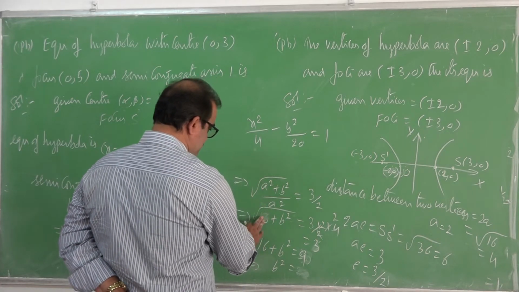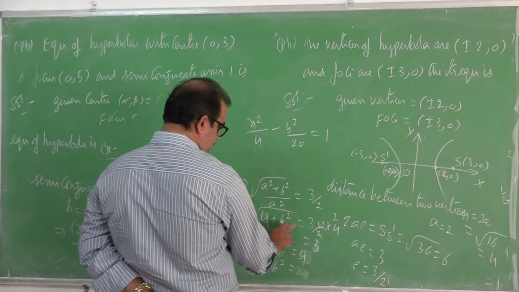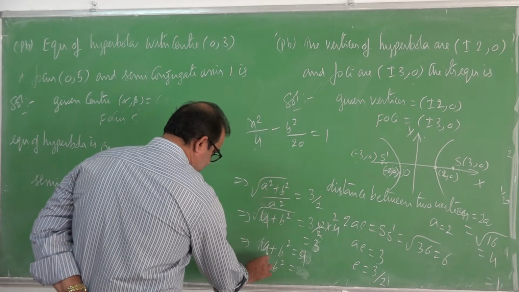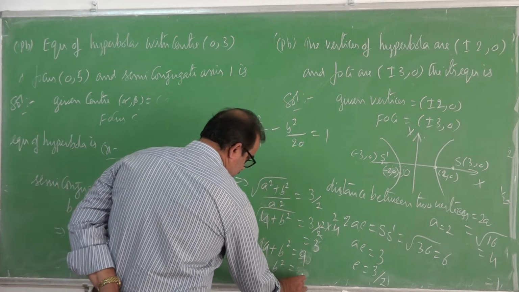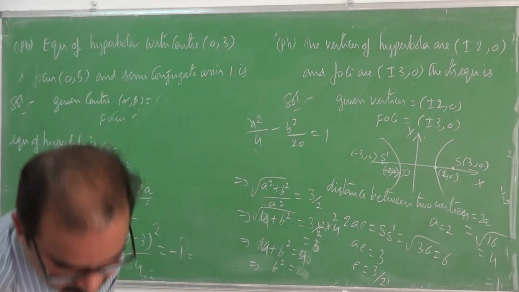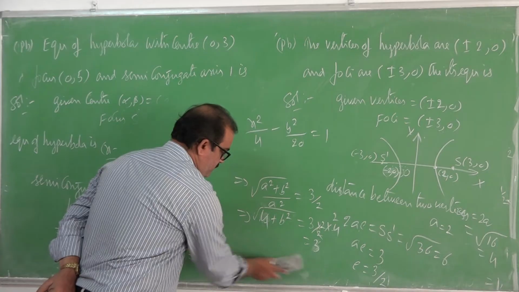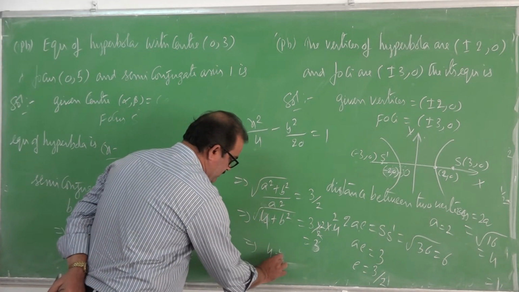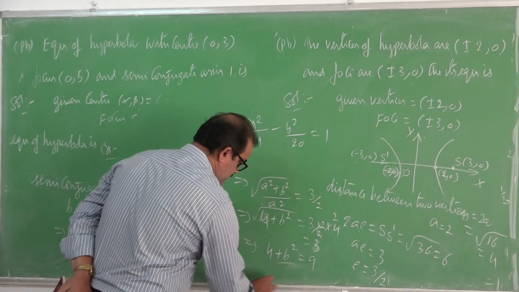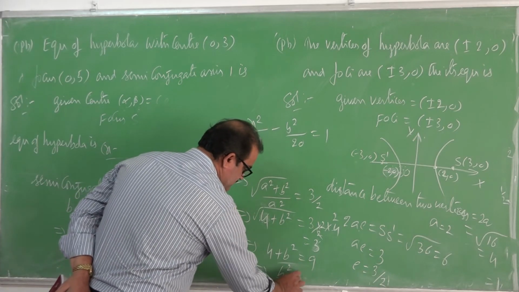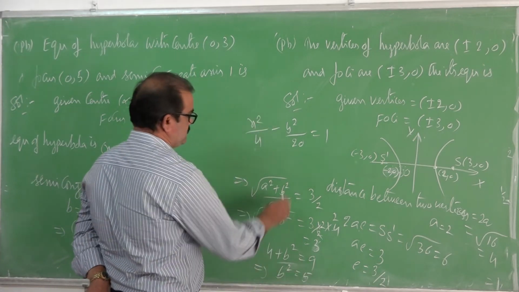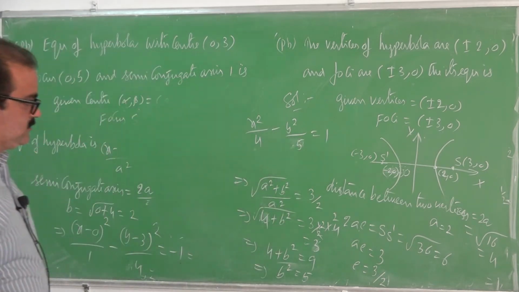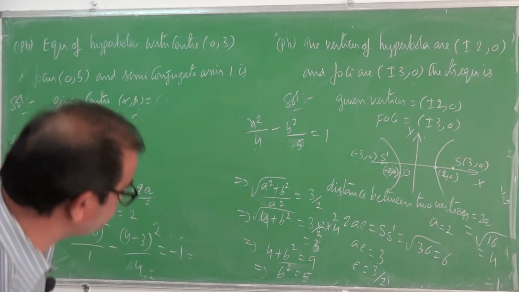If a is 2, then a square is 4. So 4 plus b square is equal to 3 squared, so 4 plus b square is equal to 9. So b square is equal to 5. So the equation of the hyperbola is x square by 4 minus y square by 5 is equal to 1.